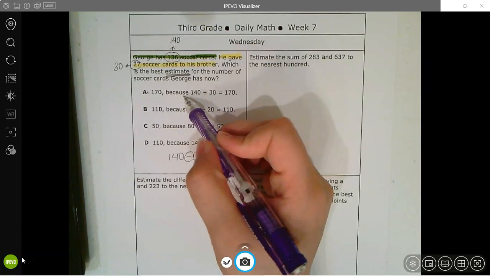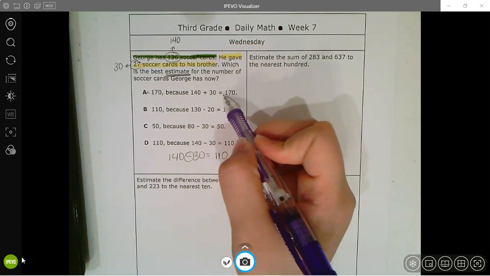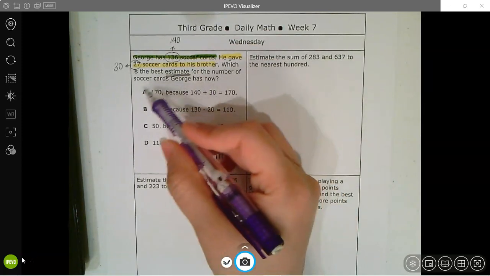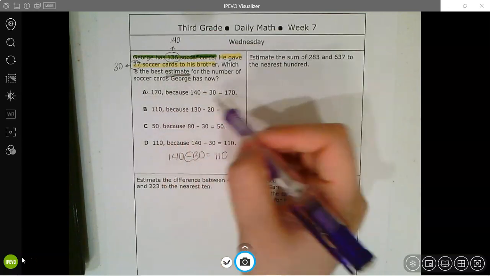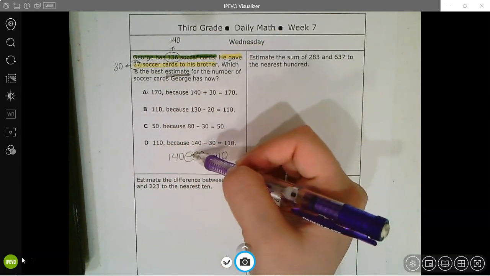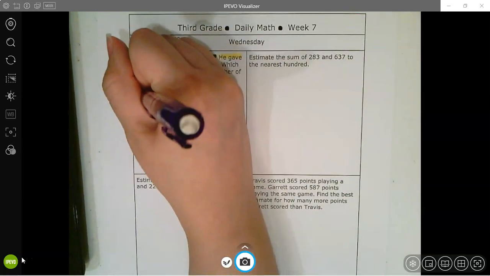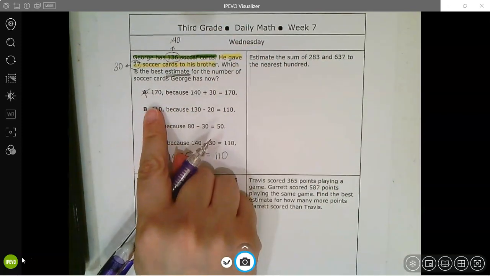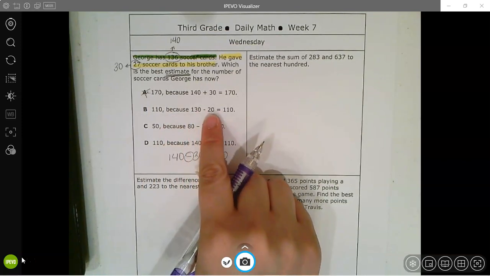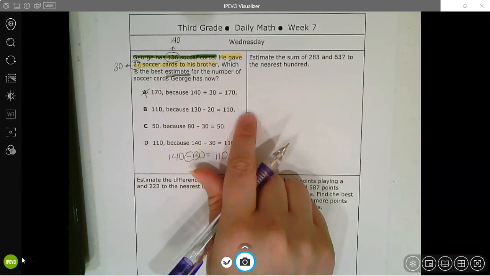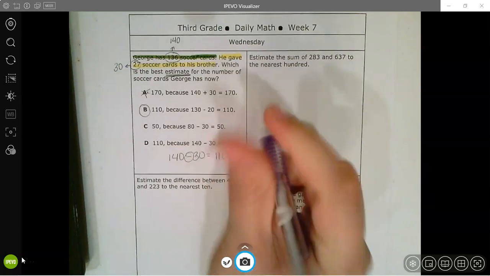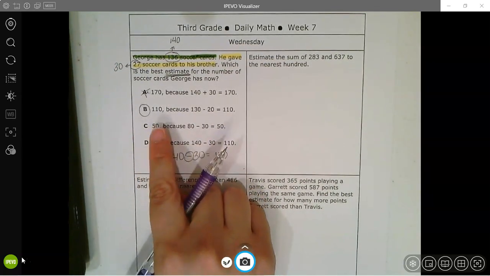A, 170, because 140 plus 30 equals 170. So you see they have an addition on here. If you weren't paying attention to your sign, we would have picked that one. So that's not our answer. B, 110, because 130 minus 20 equals 110. Yes. Let's look at the other answer choices.